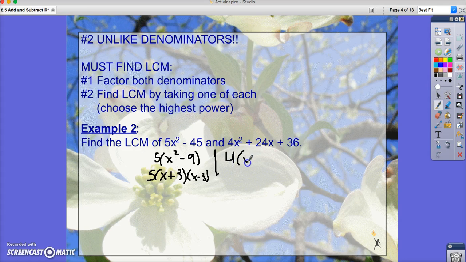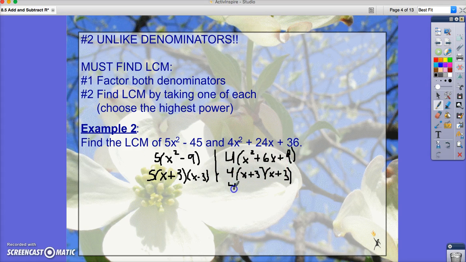Gives me x squared plus 6x plus 9. All right. Now I could factor this as well. So on the one on the left, I get 5 times x plus 3 times x minus 3. On the right, I get 4 times x plus 3 times x plus 3.